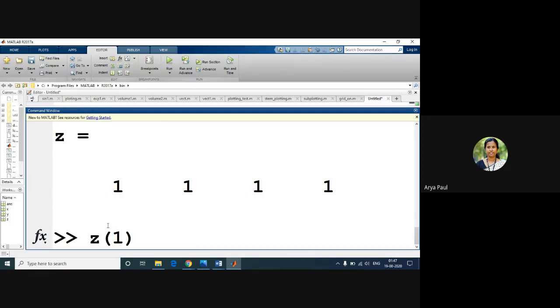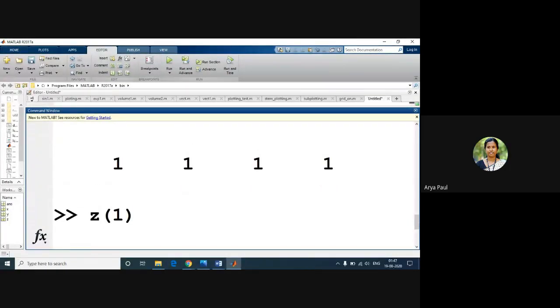Yes, z of 1 will be 1. So the indexing always starts from 1. This is an array. This is the first index, this is the second index, third index, fourth index, like that. I think zeros and ones are clear.